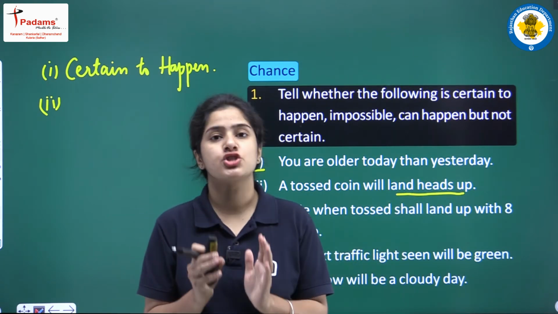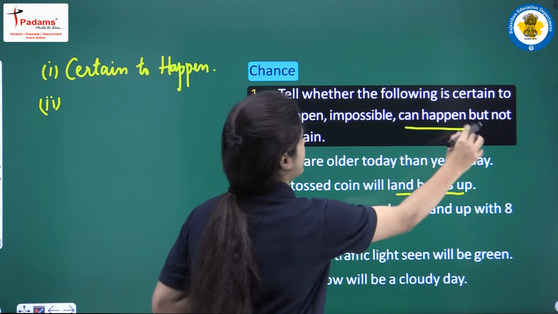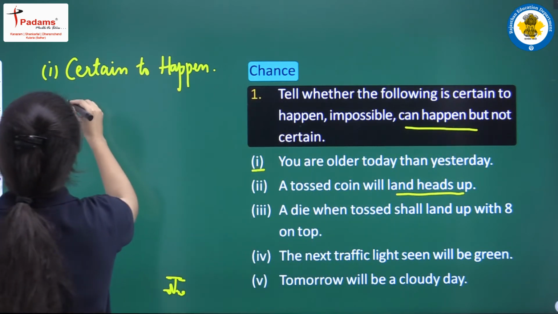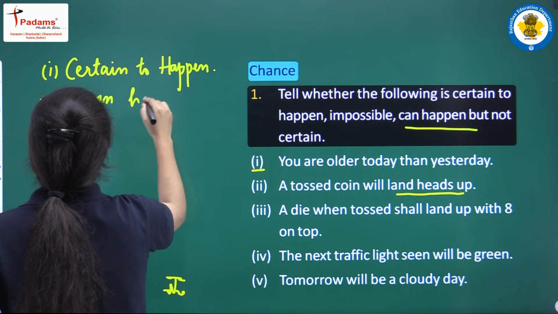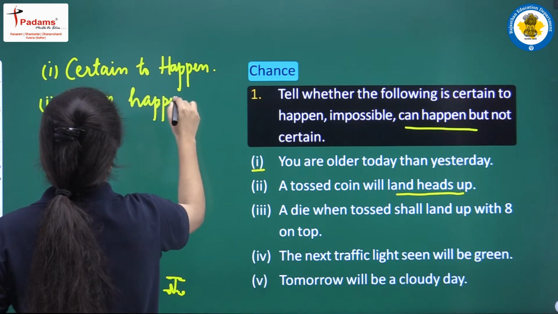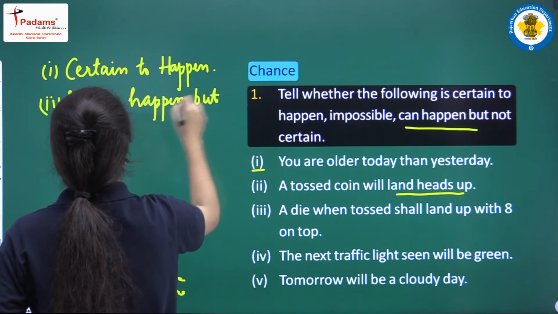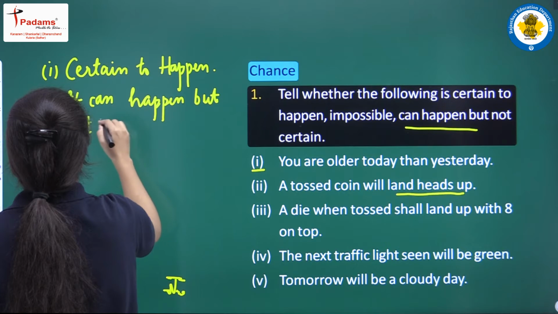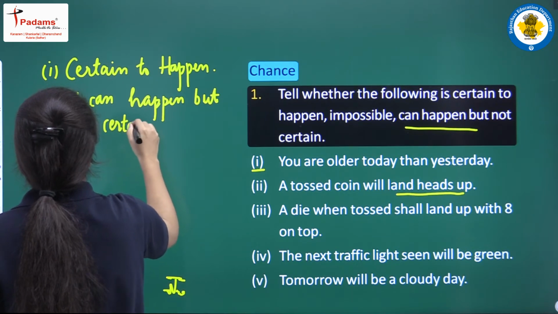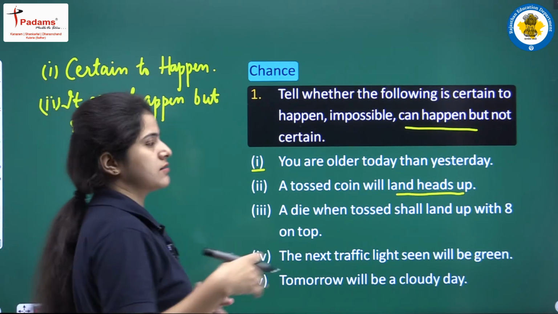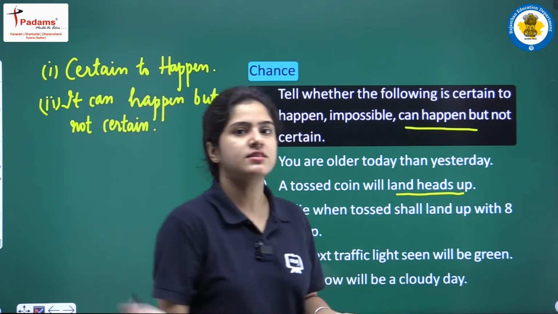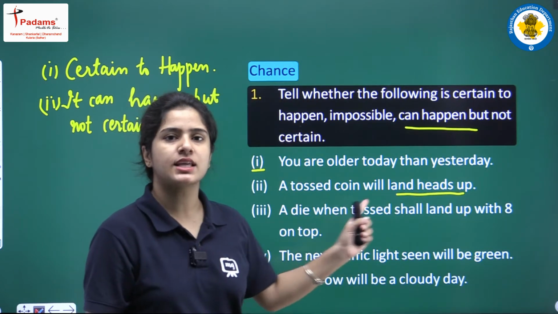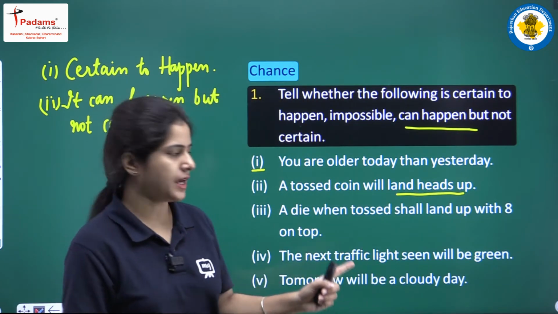It can happen but not certain, because tails up can also be there. It can land tails up also. So this thing can happen but is not sure.